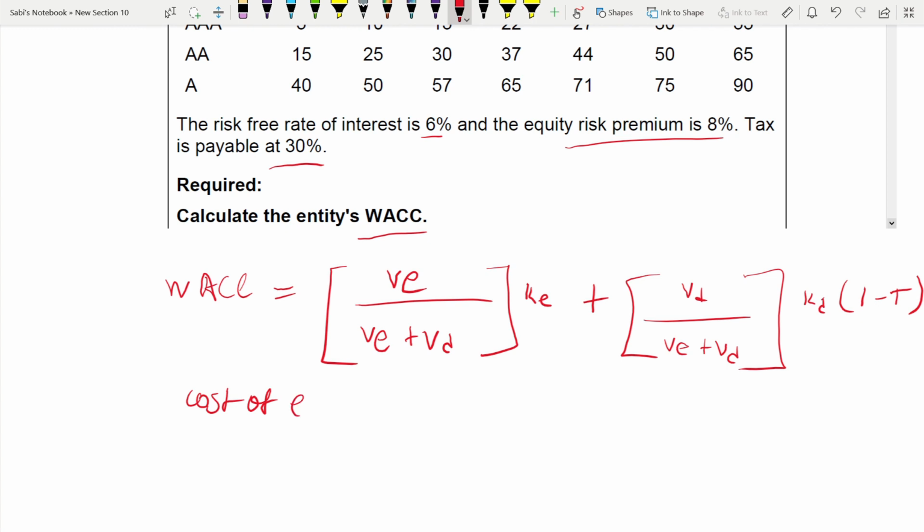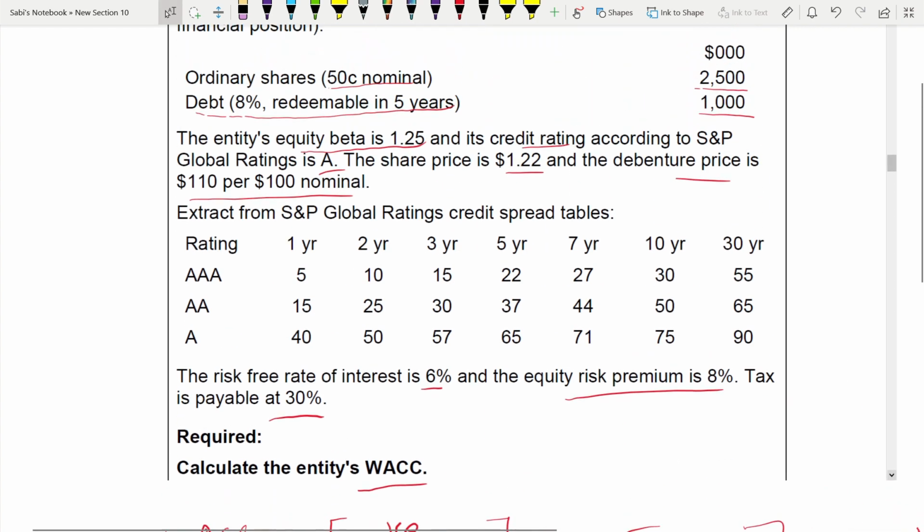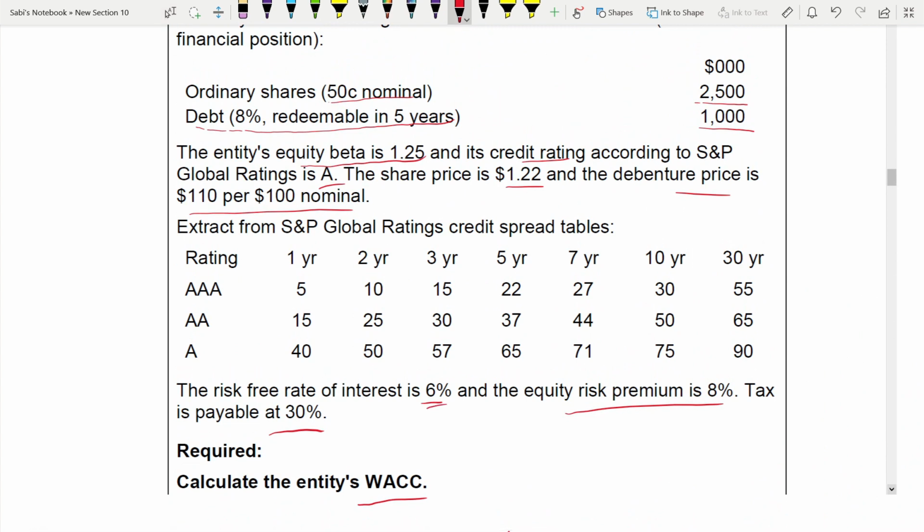You can do it in any order, but equity usually requires more working than debt. In this case, which method are you going to use? We went through 3 methods to find cost of equity. What are they? Capital asset pricing model, dividend valuation model, and Modigliani and Miller's theory. Can we use CAPM? Definitely, I told you risk-free rate is given, risk premium is given. It is the hint that you have to use CAPM. Equity beta is given.